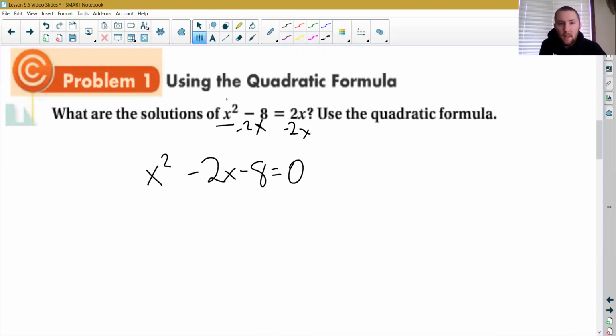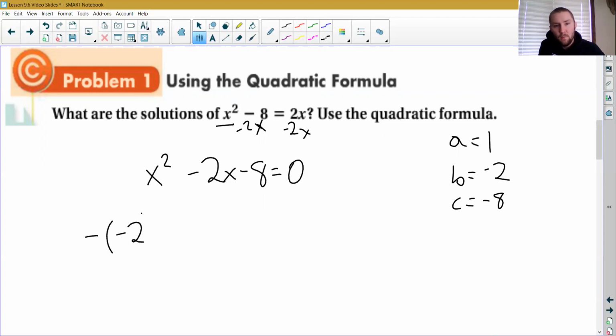Okay, so now this quadratic equation, I am going to try to use the quadratic formula for this. So I first identify my A's, B's, and C's. A in this case is the number in front of x squared, which is now just a 1. The B value is -2, and the C value is -8. If I put this stuff into the quadratic formula, it says -2, right?